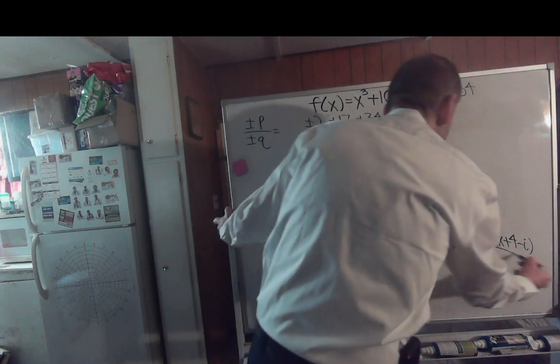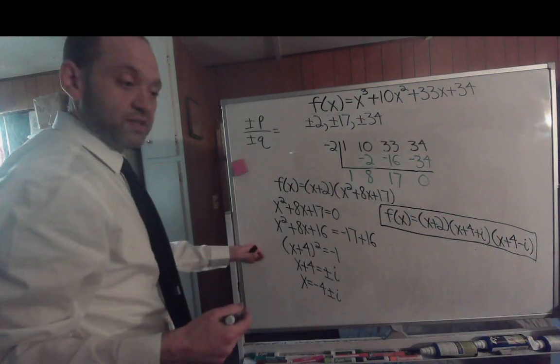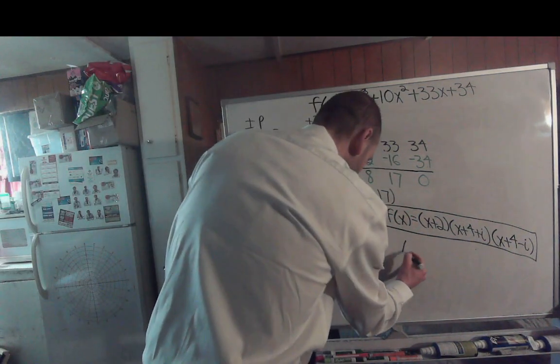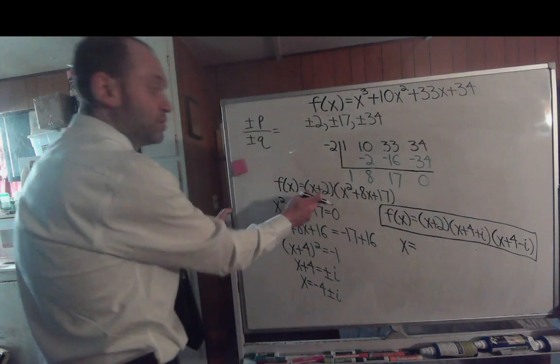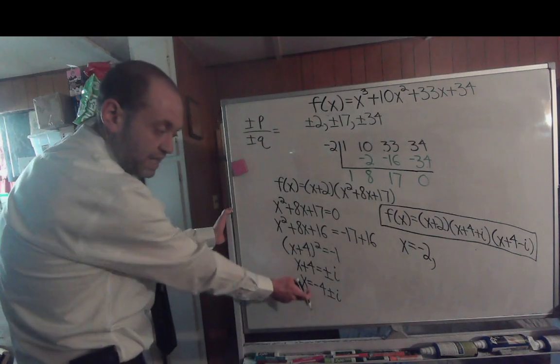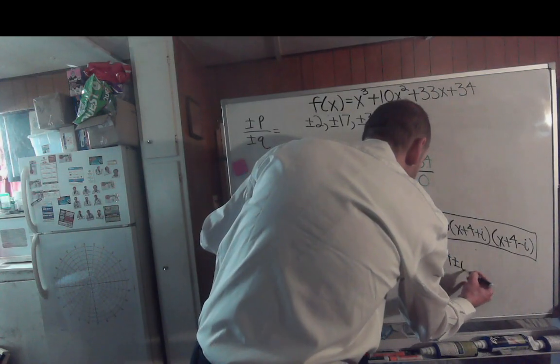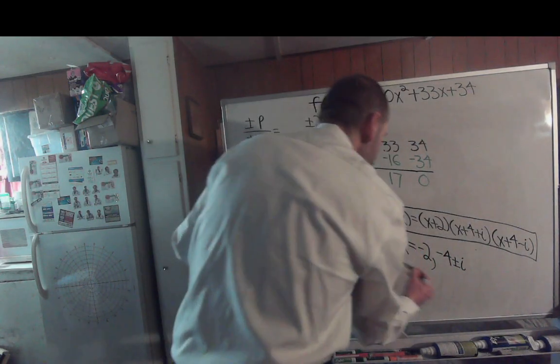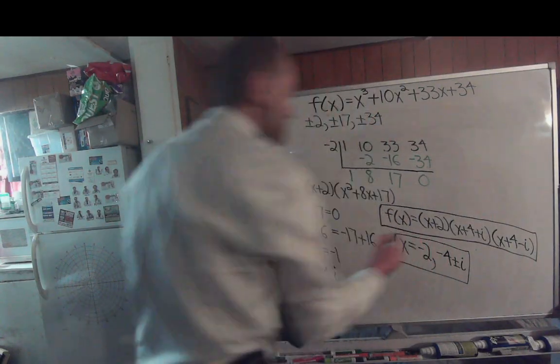There's the complete linear factorization of this function, and now we just list the solutions. So x would equal -2, and then it would also equal -4 plus and minus i. Those are all three solutions in the complex number system.